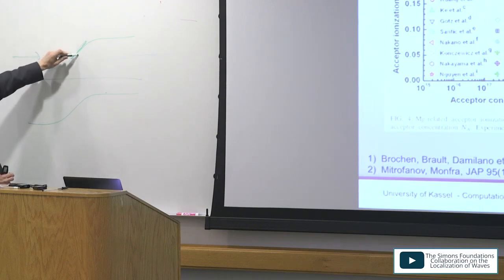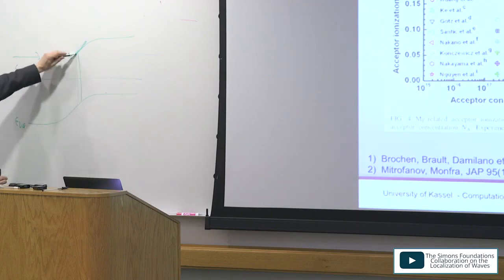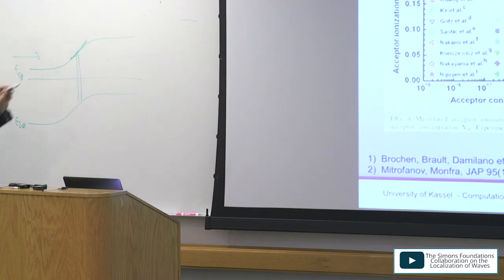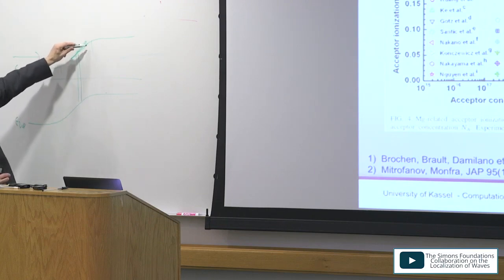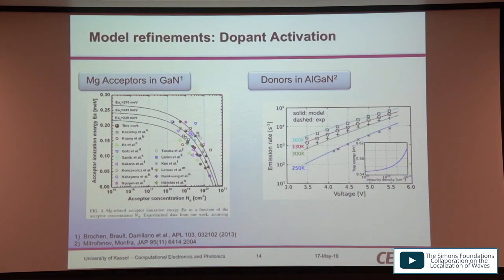Now if you make an active region, this is conduction band, this is valence band. You see an electrostatic barrier here. If you make a recombination center like a quantum well here, then the electrons recombine nicely. Now this electrostatic barrier depends strongly on the depletion of the dopants.